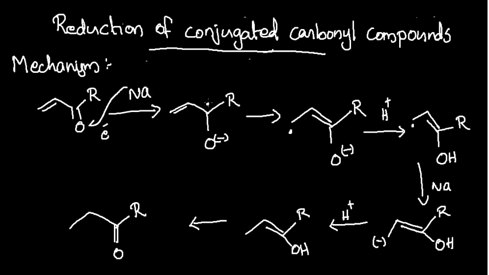It will convert it into a 1,2 radical anion, and it is highly unstable and easily converted into a 1,4 radical anion by the homolysis of this double bond, and a double bond will be formed in this carbon and a radical will be formed at the terminal carbon.